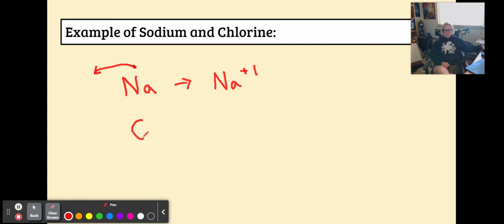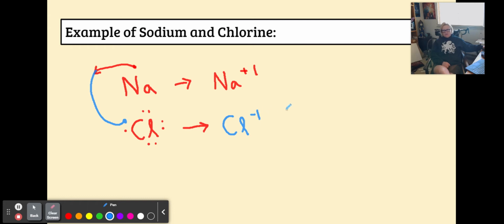Chlorine is in group 7A, so it has 1, 2, 3, 4, 5, 6, 7 valence electrons. This one is much easier to see that it's going to make an octet, because that 1 electron, maybe from sodium, will come into the chlorine to make an octet, 2, 4, 6, 8 electrons. Since it gained 1 more electron, it's going to have a -1 charge.